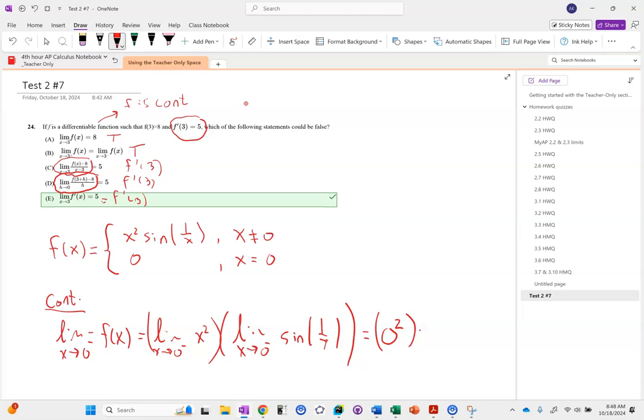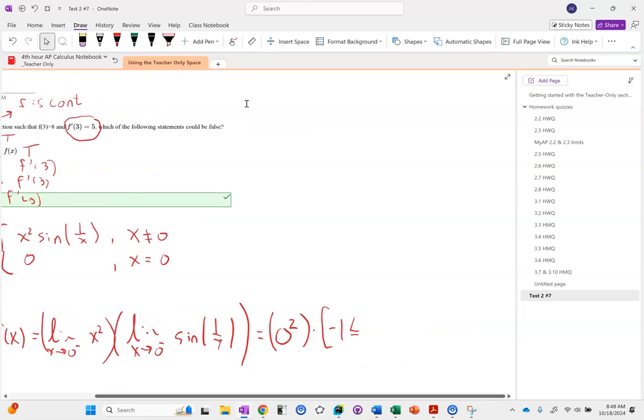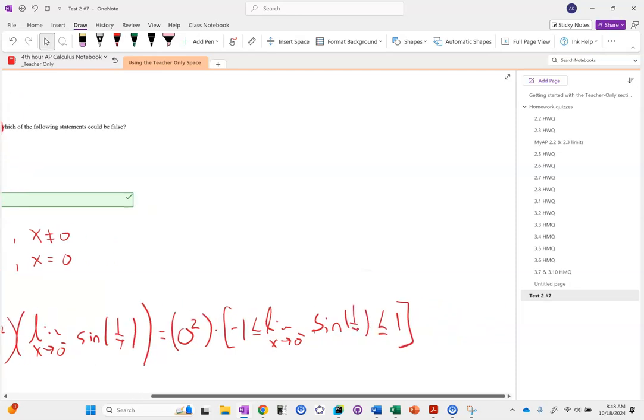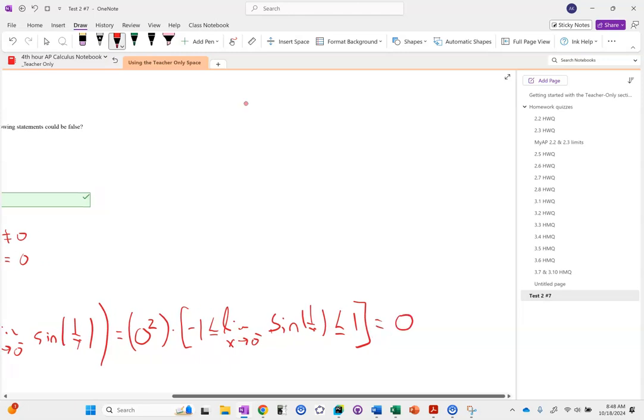But that's okay, right? If we have something that's in between -1 and +1, if I multiply whatever that number is by 0, it's still 0. So we're good there.